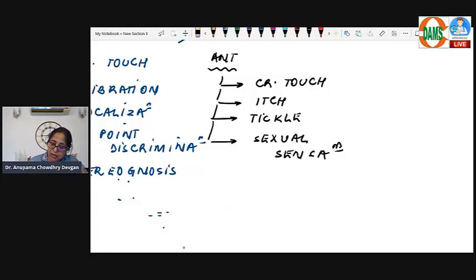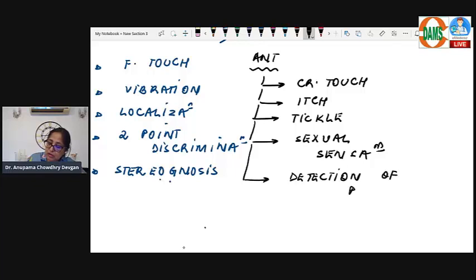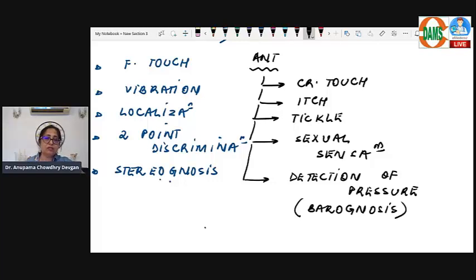Now, up till now, we have talked of pressure. Pressure has got a dual transmission. Detection of pressure is by the anterior spinothalamic tract. Detection of pressure is also known as baragnosis. Baro means pressure, gnosis means detection.